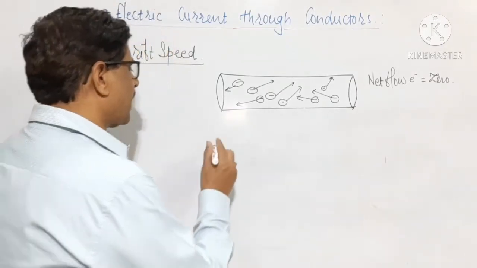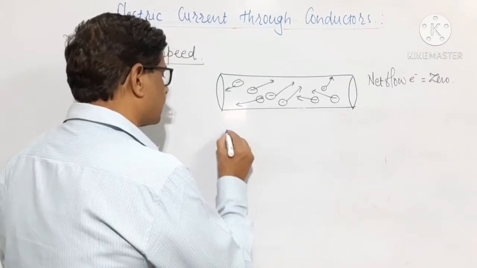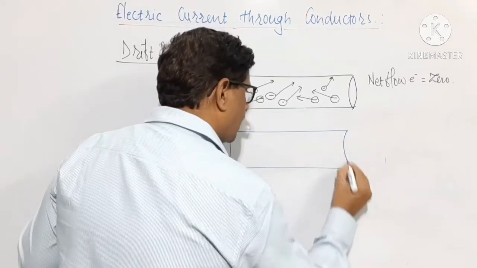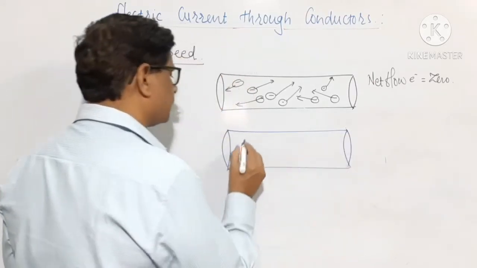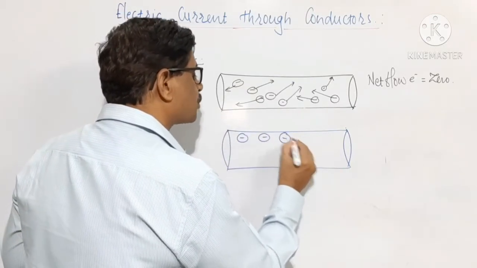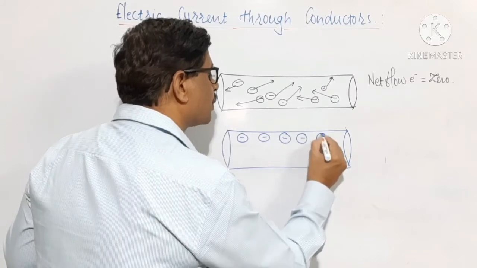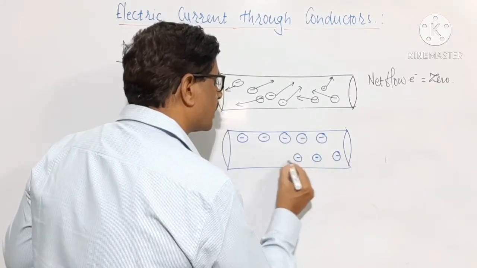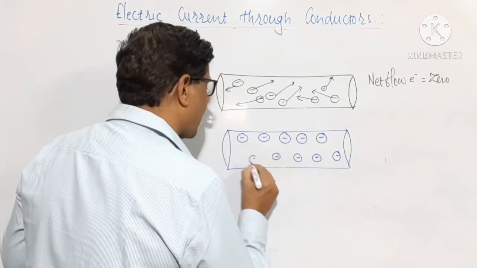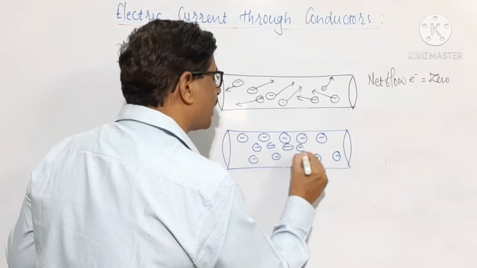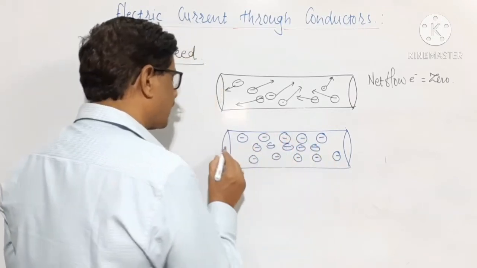But if this same conductor is applied with an electric field with the help of a source of electrical energy, that is a battery, then all the electrons align themselves in the direction opposite to that of the applied electric field.